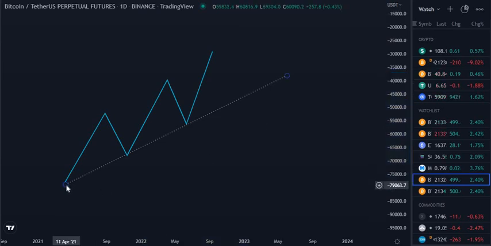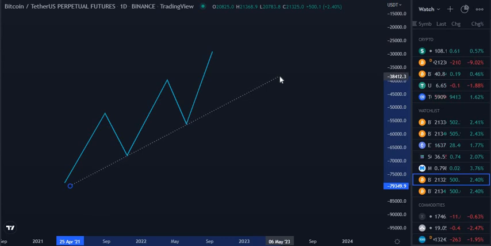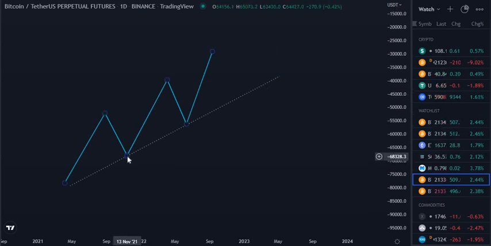In a bullish case, most people draw their trend line along higher lows, and along lower highs in a bearish market. Right here we have a higher low, then a higher high, then a higher low, and then a higher high. And right here is our trend line.